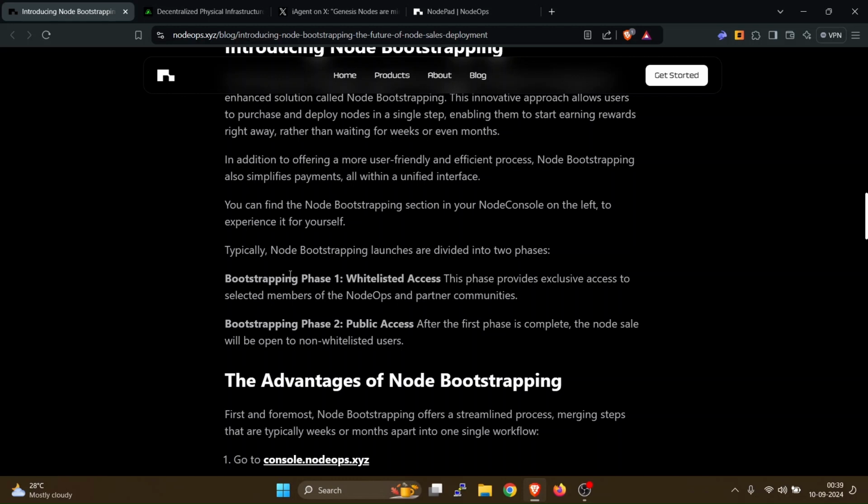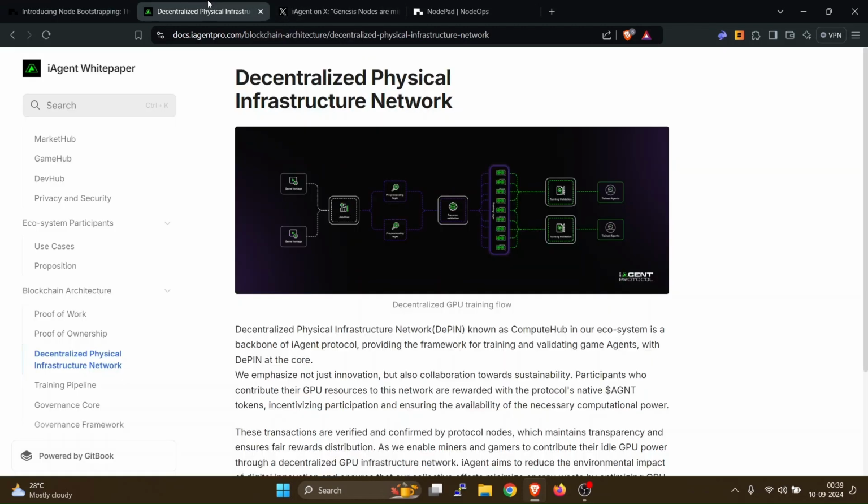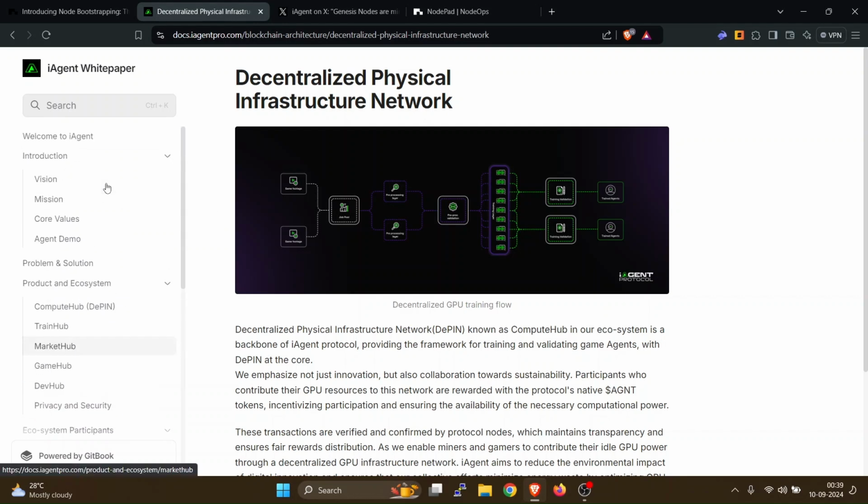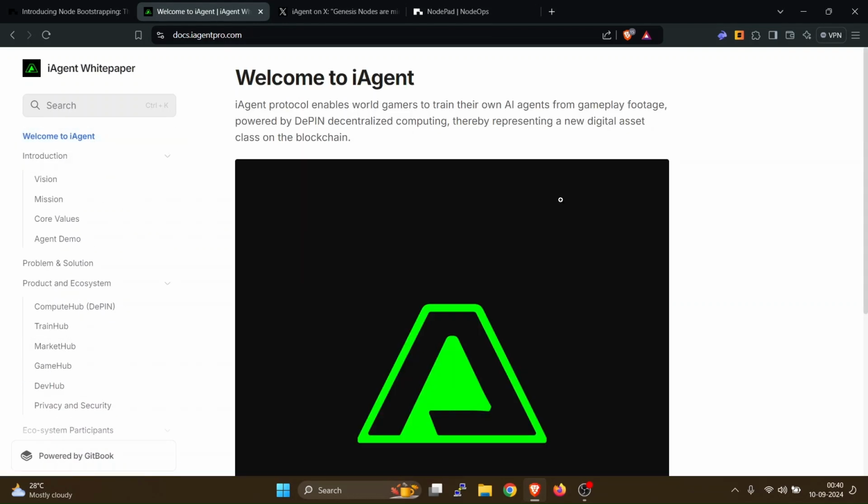NodeOps is going to launch a project called iAgent. So let's see what iAgent is. iAgent is a protocol enabling gamers to train their own AI agent. An AI agent is nothing but, if you have played World of Warcraft or COD, you have a player, right? If you log into your profile, you have a player. iAgent helps you train that player, level up the player's strength, the guns, the skills, and the shooting accuracy, and then you can turn that player into a digital asset on the blockchain.